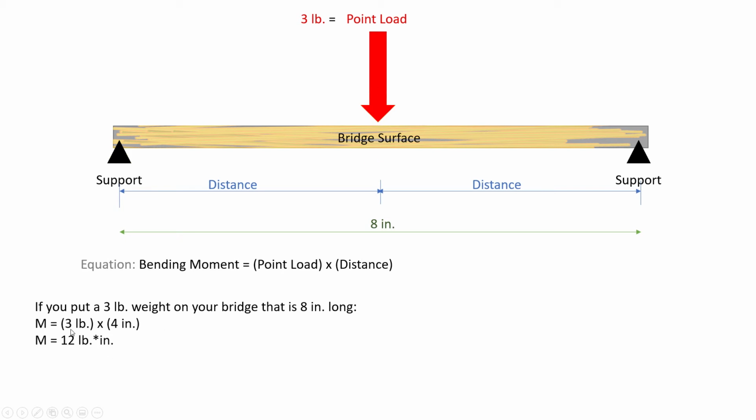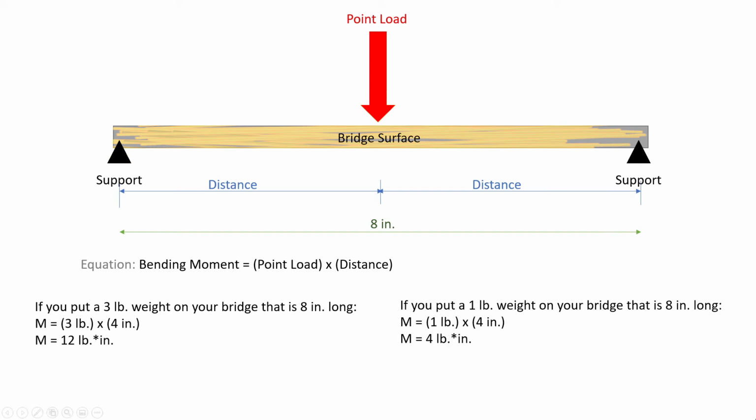Then if you have a 3-pound load and the distance is 4 inches, you'll get a 12 pound-inch moment. Say if you wanted to put a 1-pound weight on your bridge instead of a 3-pound, you'll get a smaller moment because you have a lighter weight, but your distance stays the same.